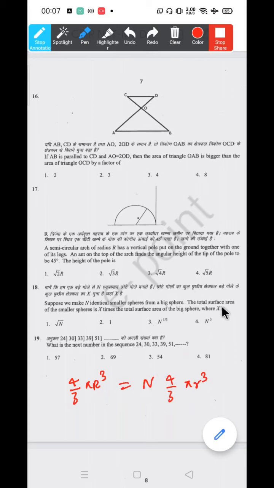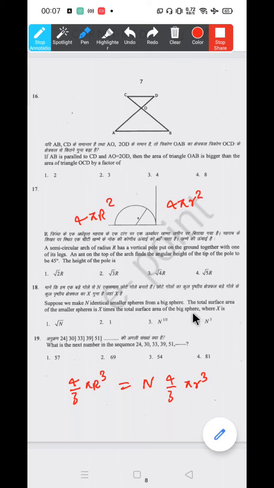The surface area is 4 pi r square, and here it is 4 pi r square. This is smaller, this is greater.